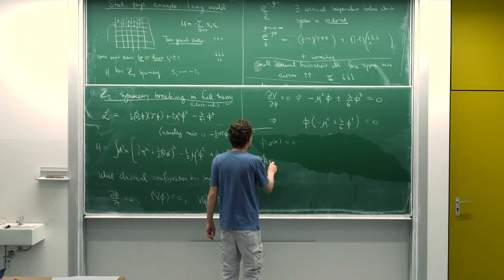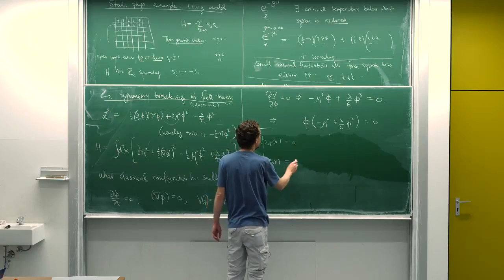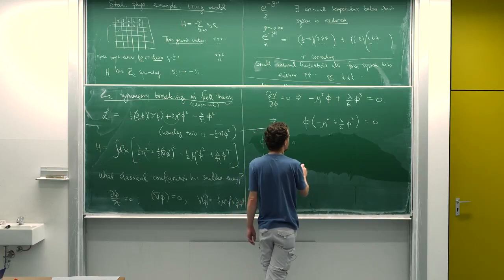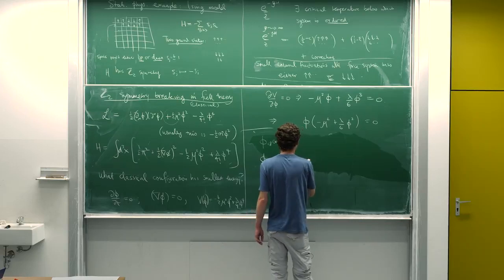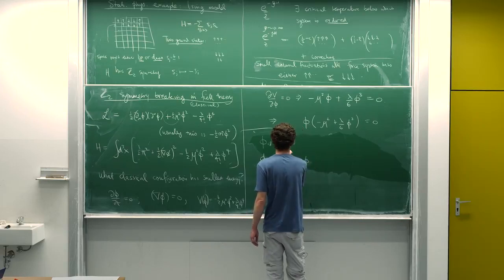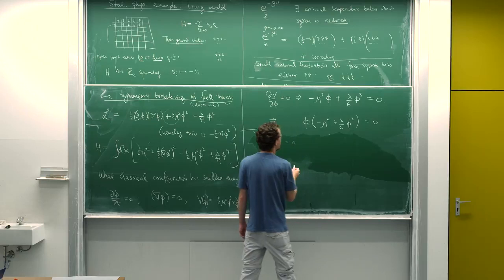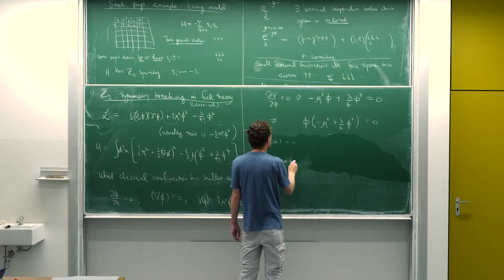Instead, it turns out there's the other 2 solutions, which occur for phi equal to plus or minus the square root of 6 mu squared over lambda.